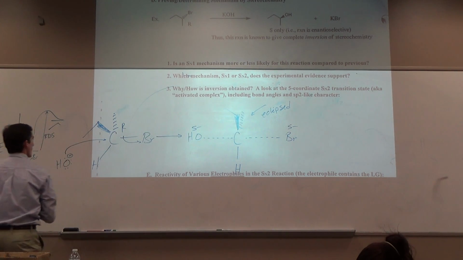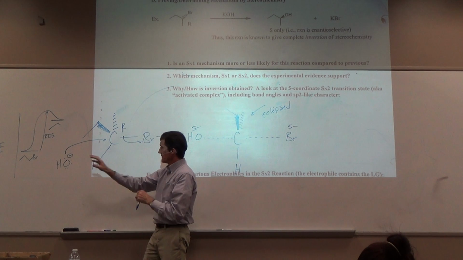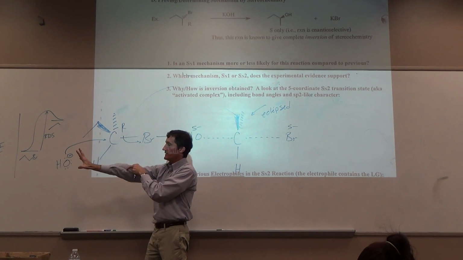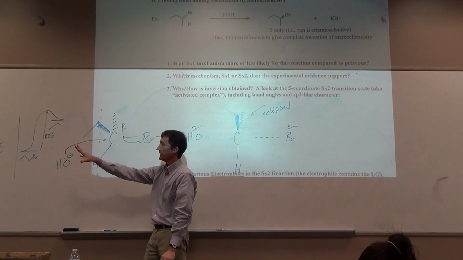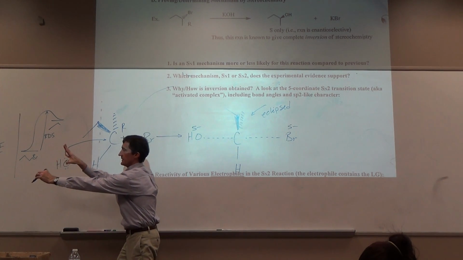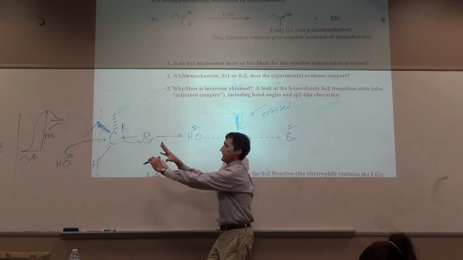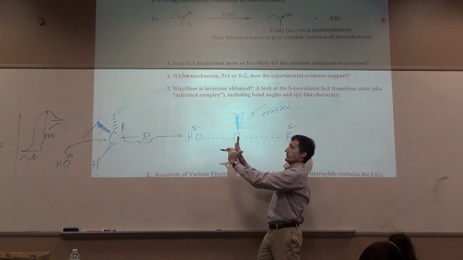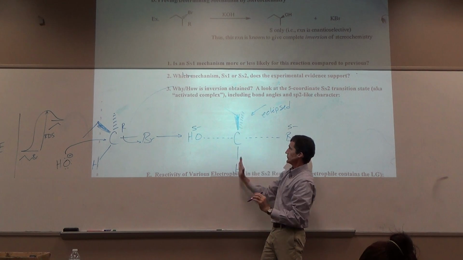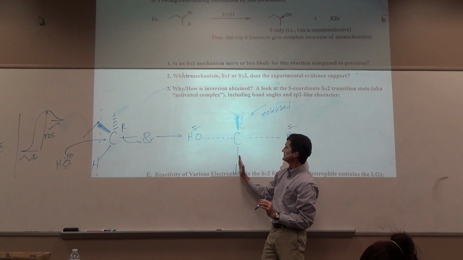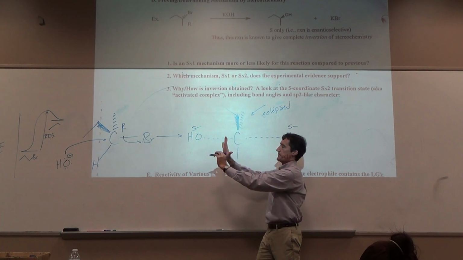Okay? What we got is, pretend my arm is the bromine bond. Everything else is sort of that way. Now hydroxide comes in. When it comes in, it makes all this go flat and planar. And this is supposed to be all just one plane with that behind it.